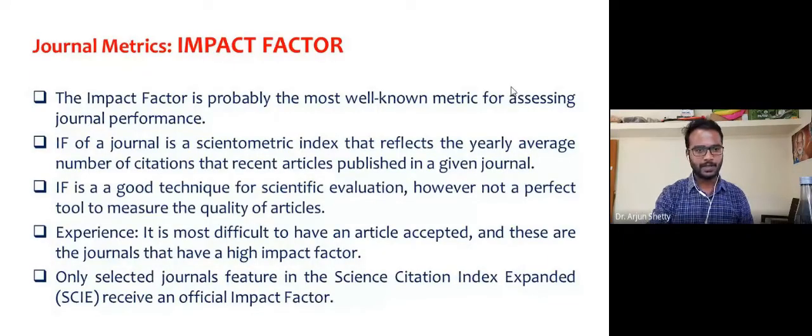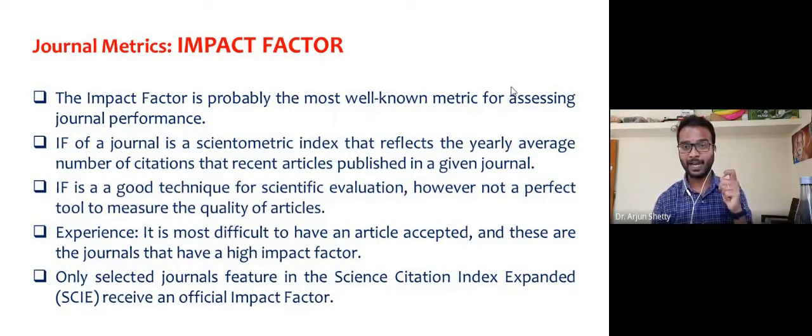Now coming to the most important one, as I already told you, the first general metric is the impact factor. In the further slides I have abbreviated it as IF, and IF stands for impact factor.